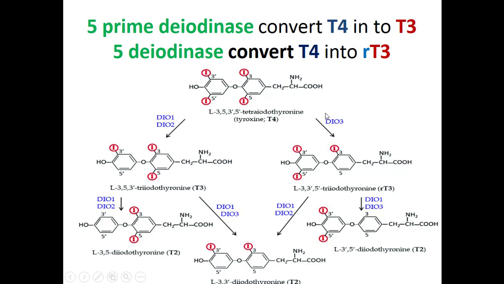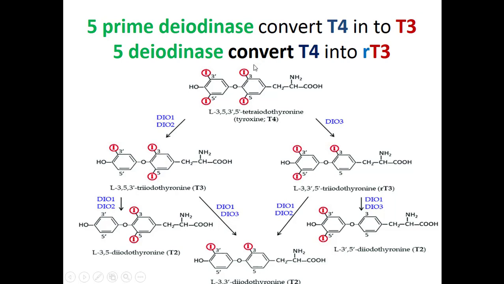Another enzyme, just the 5 deiodinase, will remove the iodine not from the 5 prime but from the simple 5. So the next molecule is formed like this, and this is the formula of the reverse T3, which is an inactive form. We will see other details later.